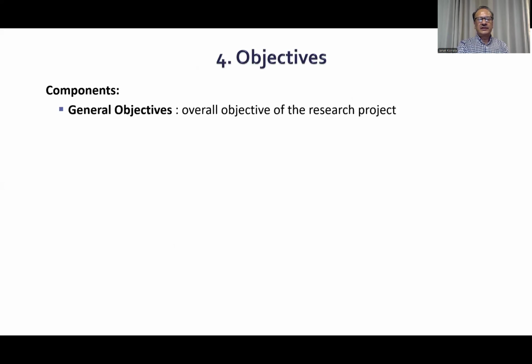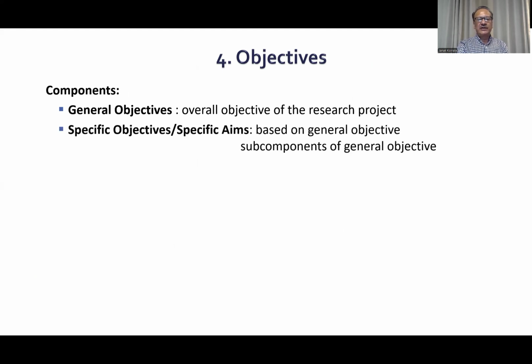Fourth component is objectives. Objectives can be divided into general objectives, which address the overall or overarching objective of the research project, and then they can be broken down into specific objectives or specific aims based on the general objective. Specific objectives should be components or subcomponents of general objectives.